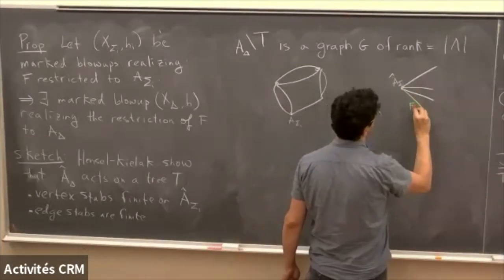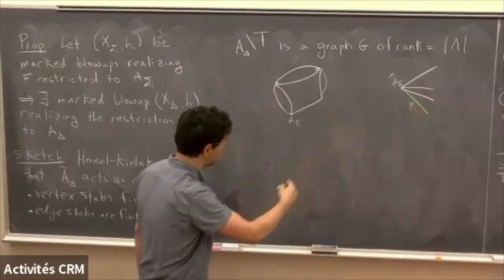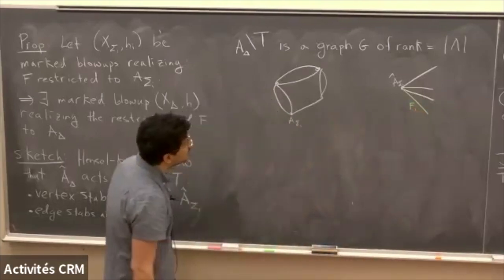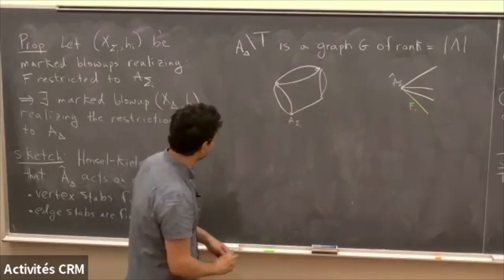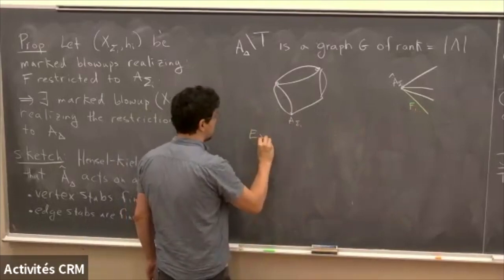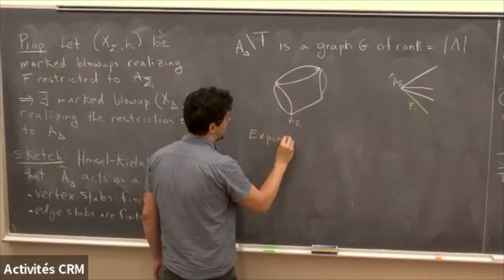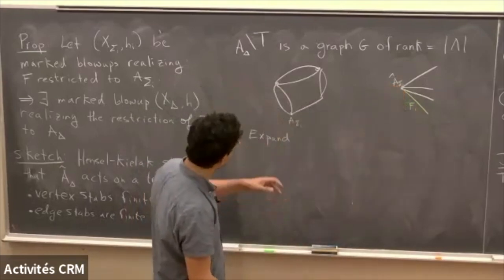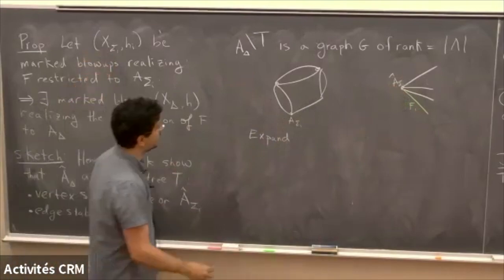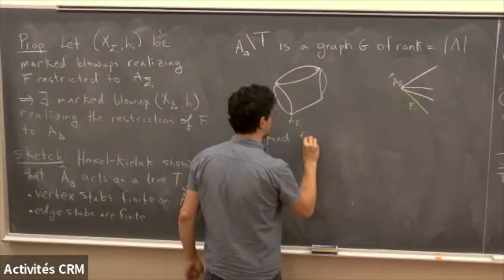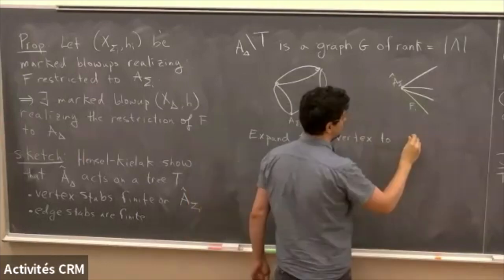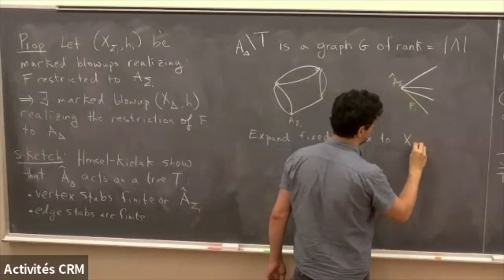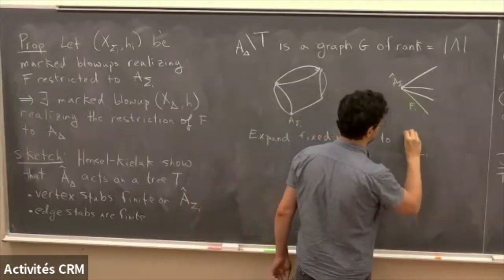Let me just call that F_i for the stabilizer of that. And so what you can do is you want to expand this vertex into a copy of the universal cover for X sigma i, so the fixed vertex to X sigma i twiddle.